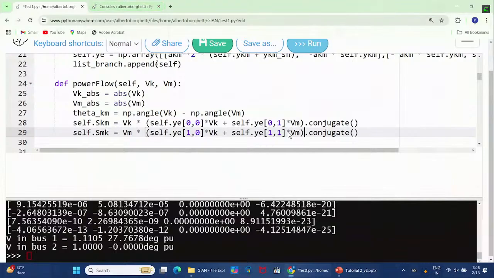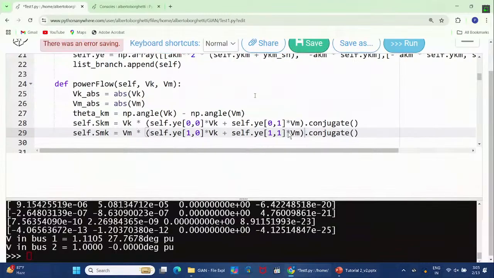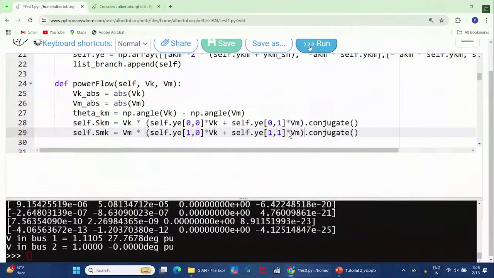If we have written this, I'm saving in order to see if there are evident errors here. Hopefully it's saving.